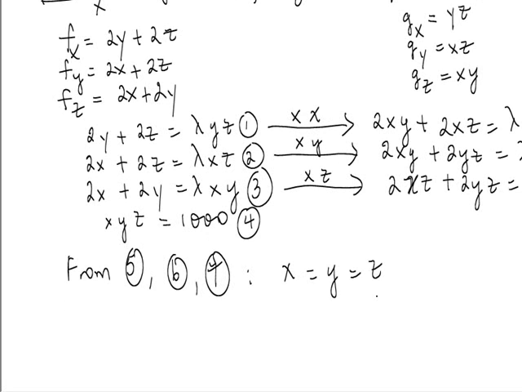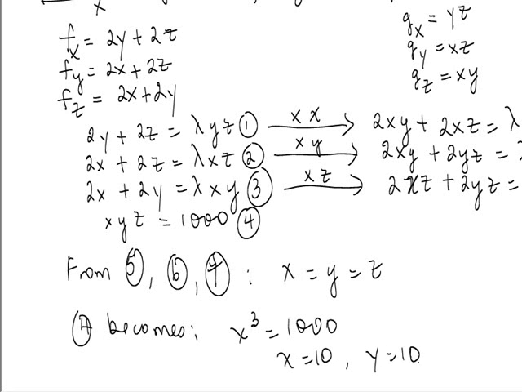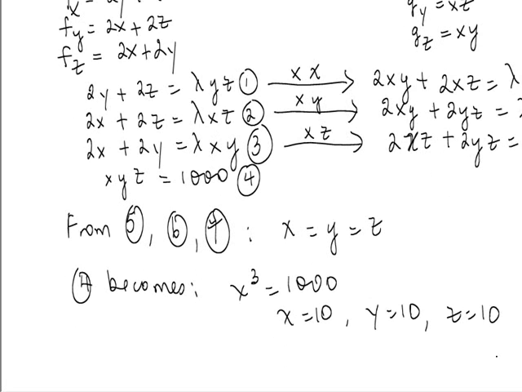So 4 becomes x cubed equals 1000. So x is 10, y is 10, z is 10. You're done. The question is asking you for the dimensions. Done.